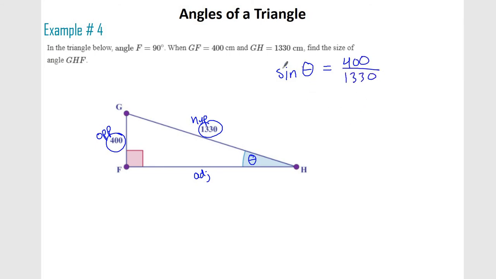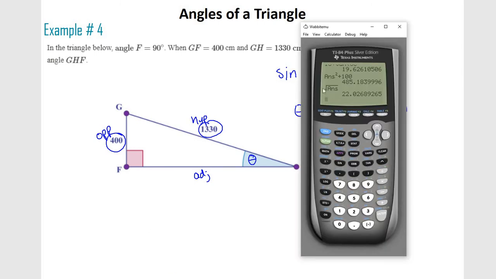So to get the theta by itself, well, the opposite of multiplication is division, opposite of addition is subtraction, squaring is square rooting, sine, inverse sine. We put it on the other side, and we put it with this little -1 right there. You can also call that arc sine.